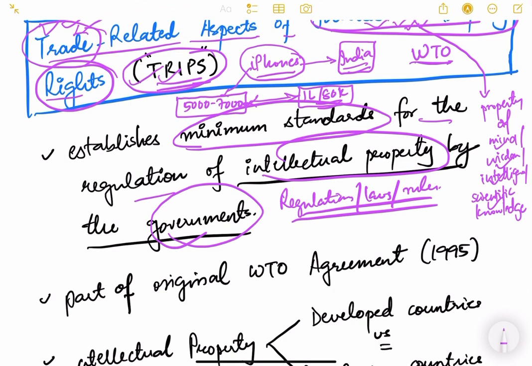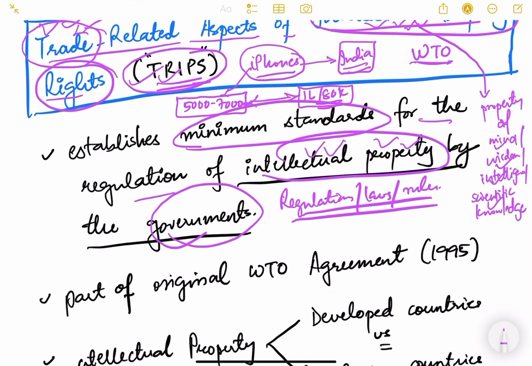So for example, maybe in India the rules and regulations are different, the meaning of intellectual property may be different in different countries, the interpretation may be different. Maybe in India we don't provide intellectual property protection to music, but it is provided in America. Maybe I'm just giving you an example.